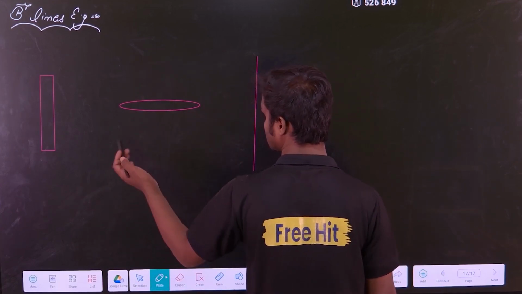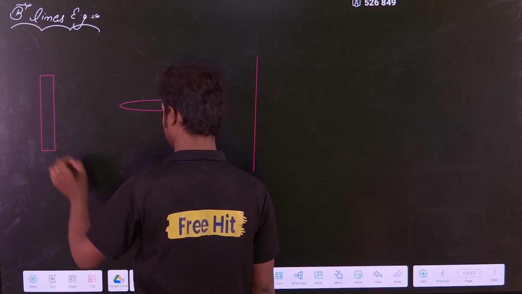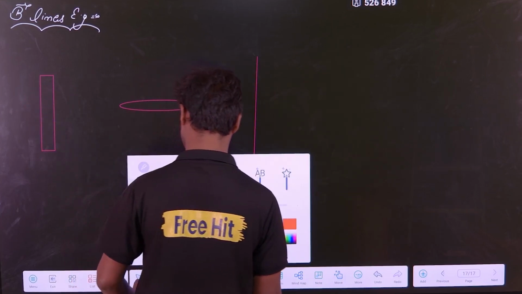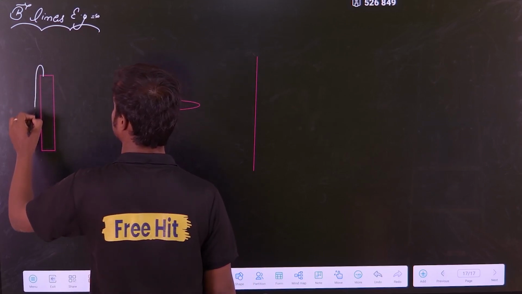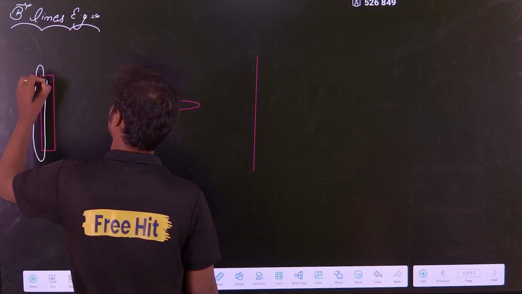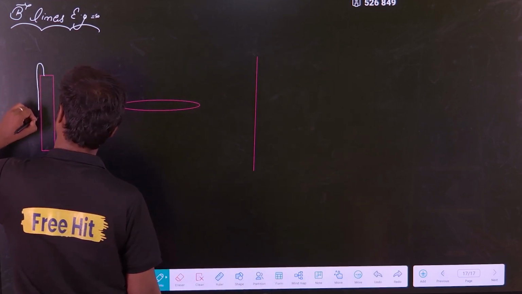Basically, how will you draw? This is our north pole, this is our south pole, so our magnetic field lines will be like this. It's very difficult to draw.